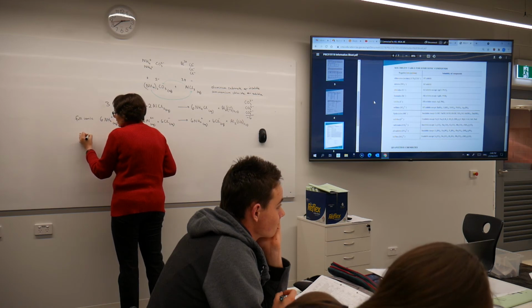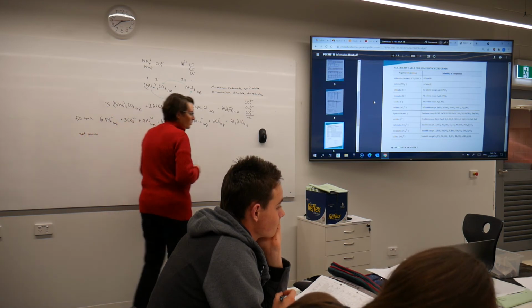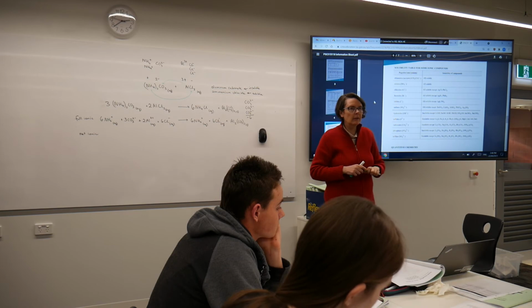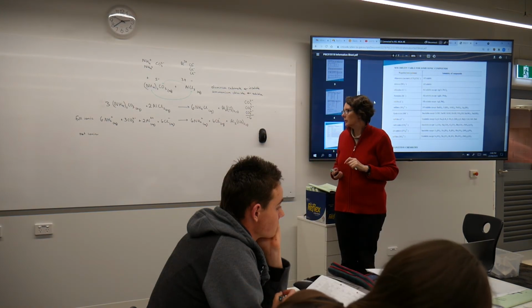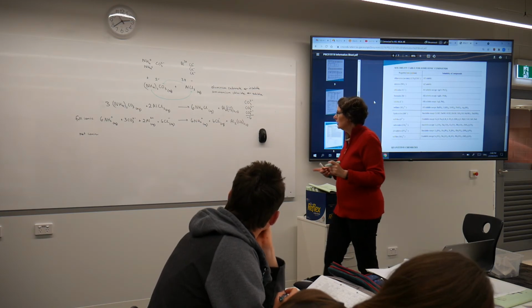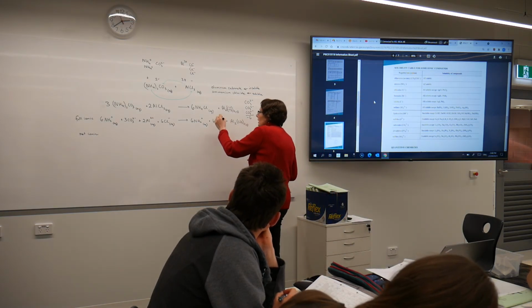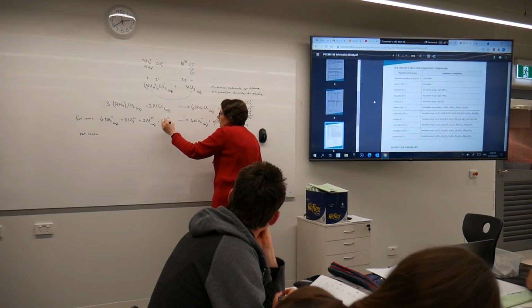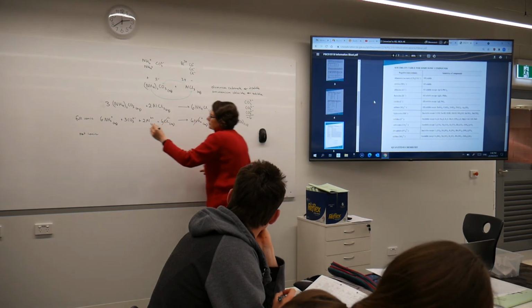The net ionic is where we remove the spectators, and the spectators are the ions that are unchanged on either side of the reaction arrow. So anything that we've written in the same way on either side can be removed.